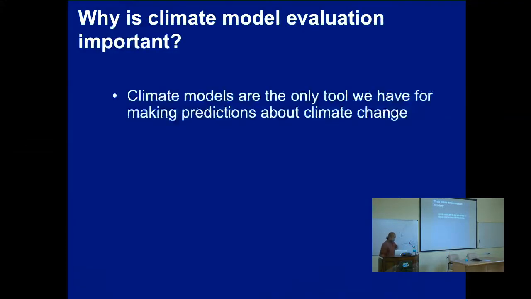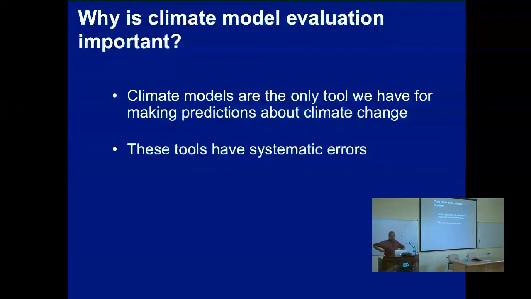Okay? So, climate models are the only tool we have for making climate predictions into the future. Okay? You don't have any other real technique, right? These tools, as I have discussed, have systematic errors. Okay?